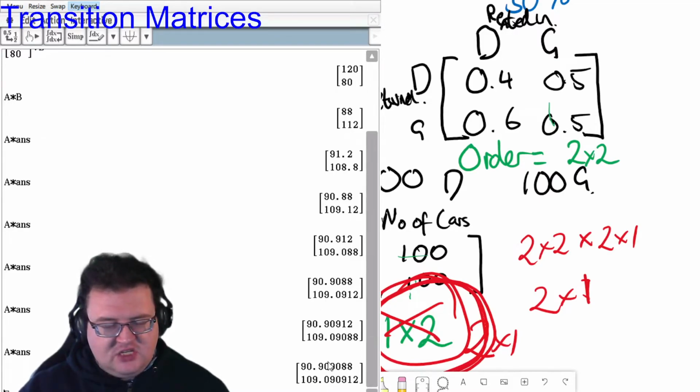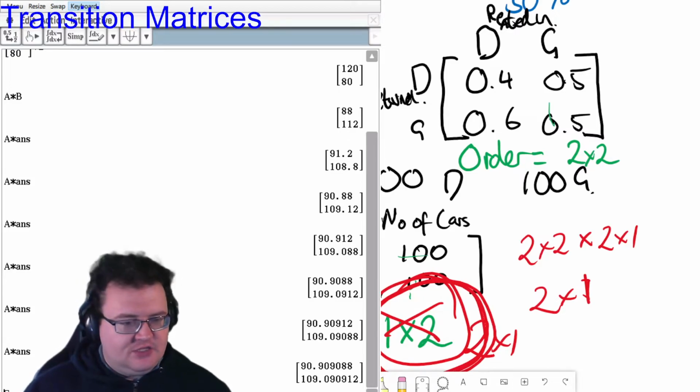If you were to round these to no decimal places, approximately how many cars are you looking at in each place? How many cars, if you were to round these off, would be your balancing point for the number of cars?